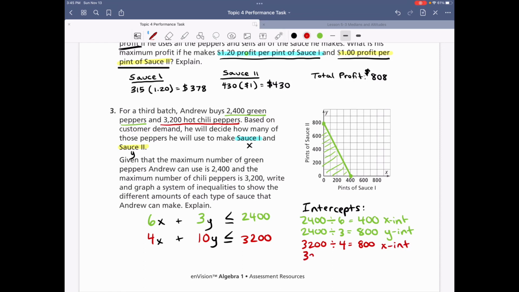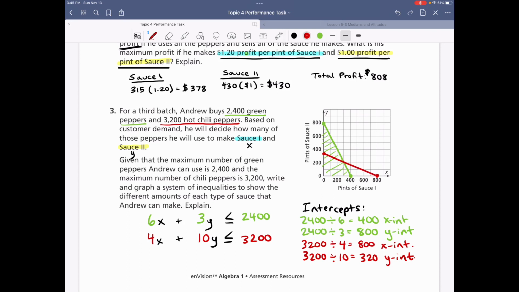And for my y-intercept, I'm going to divide by 10. So that's 320 for my y-intercept. Choosing your scale is going to be important when you're drawing your graph because you want to count by things that are going to work out for you. So I'm going to pick 800, and 320 is going to be a little bit more than 300. And I'm going to shade below again.